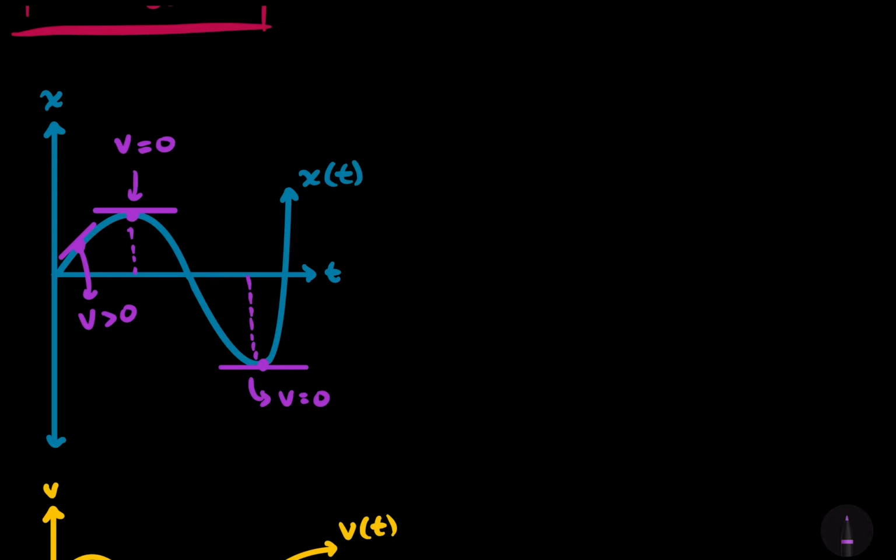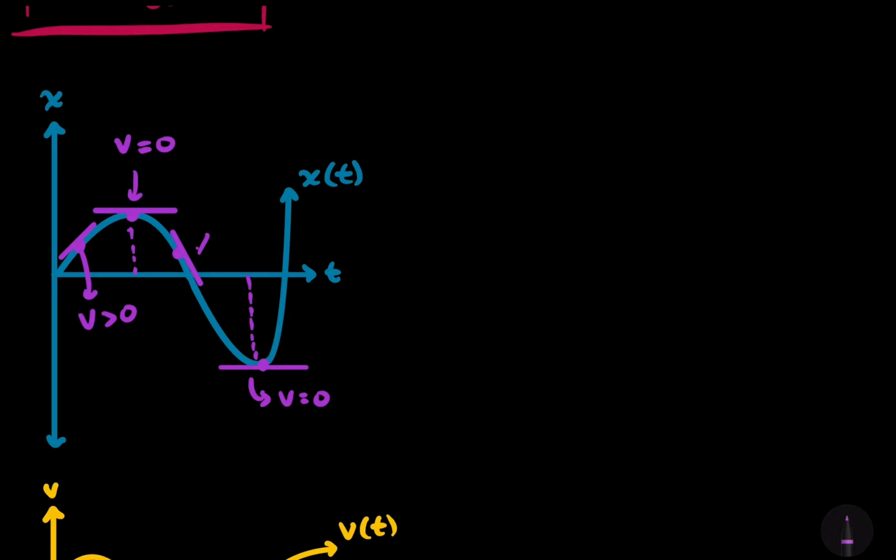And keep in mind, velocity could be negative. It just means that we're going in the reverse direction relative to whatever our forward direction is. And so, for example, if we took this particular point over here, we can approximate the tangent line to look something like this. And over here, it seems as though the slope of our tangent line is negative, right? Our function looks to be decreasing.